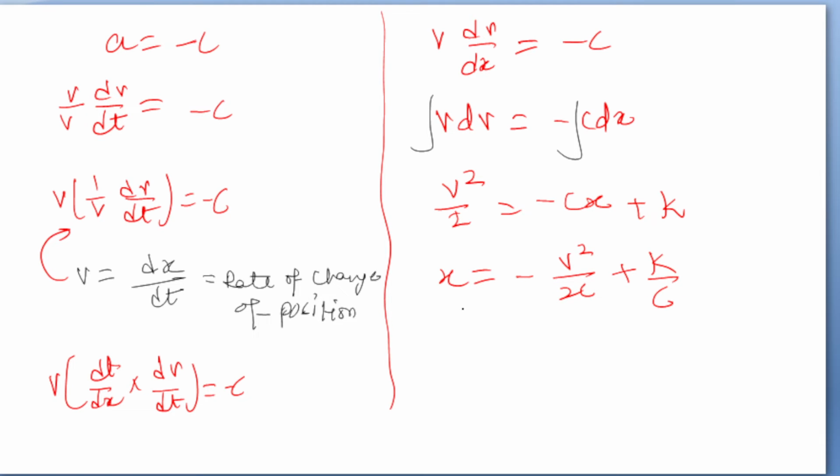This is the relation between position and velocity. So this is a parabolic equation.